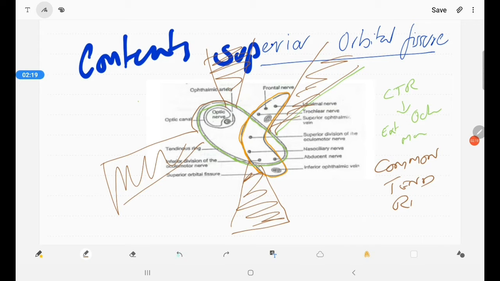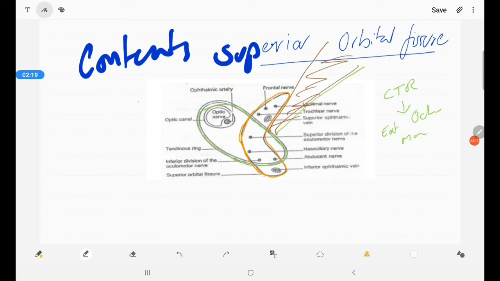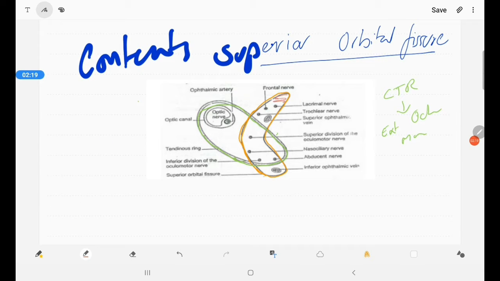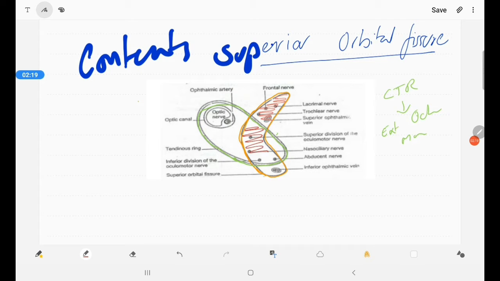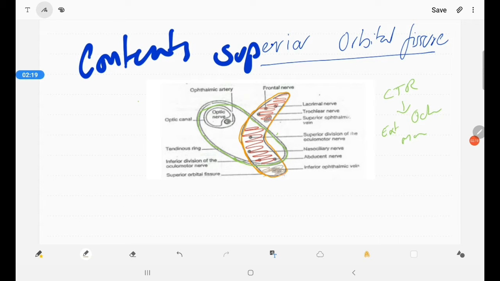So the clinical or anatomical importance of the common tendinous ring is that it mainly divides the superior orbital fissure into three main parts. This is the superior part, this is the central part, and this is the inferior part.